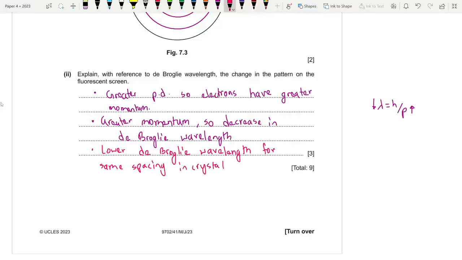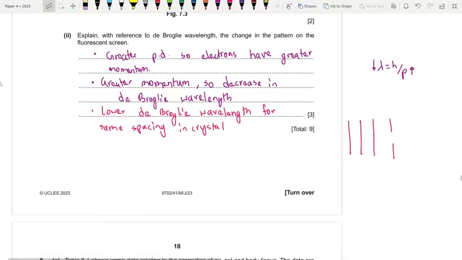Like we have the same spacing in the crystal. You guys know this from AS, right? What causes good diffraction? The wavelength should be comparable with the slit width, right?